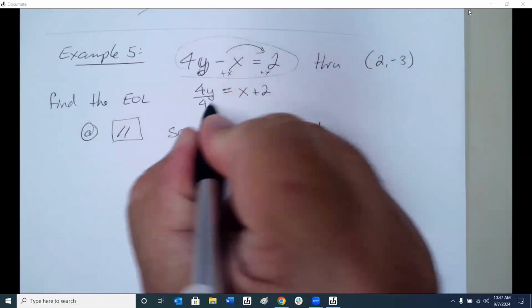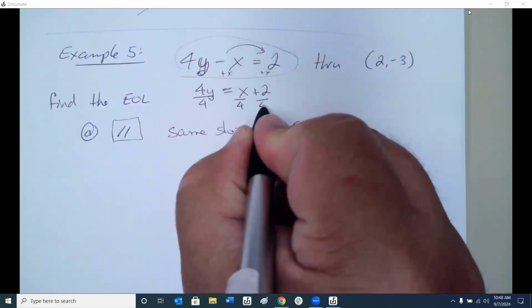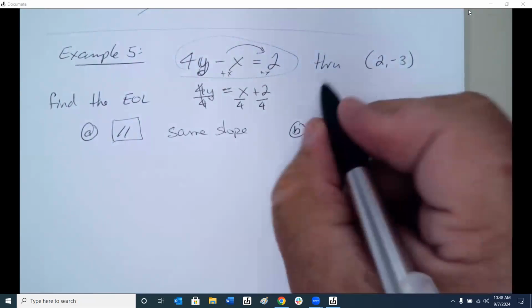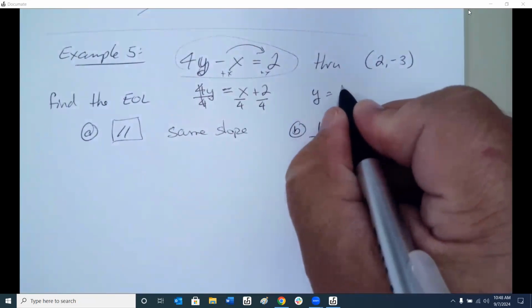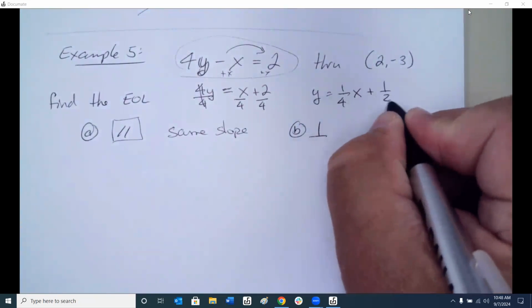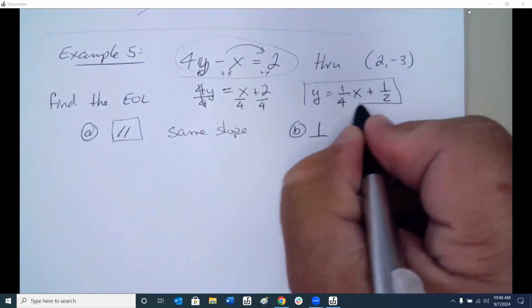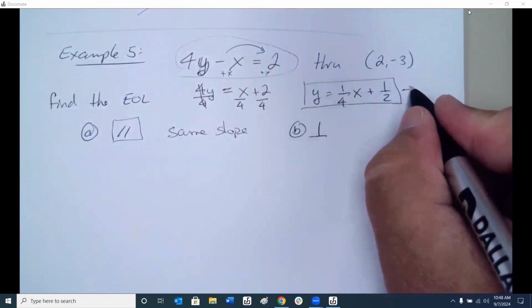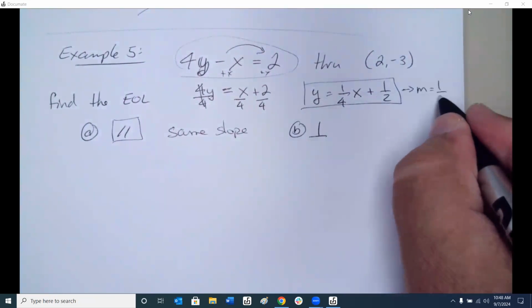And divide by 4. So it's y equals 1 over 4x plus 1 over 2. So that's that equation. The slope of this equation is 1/4.